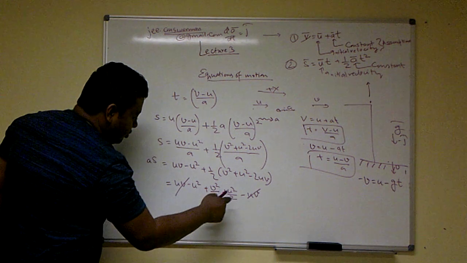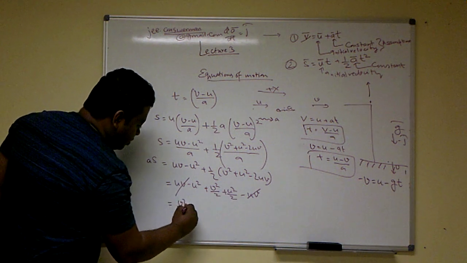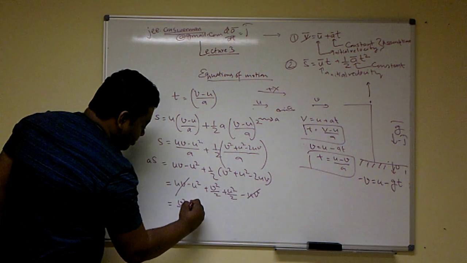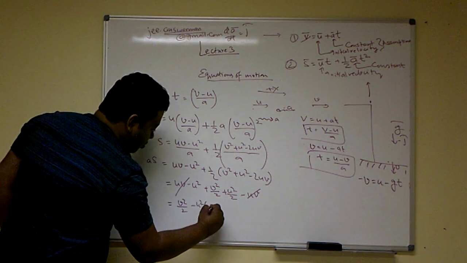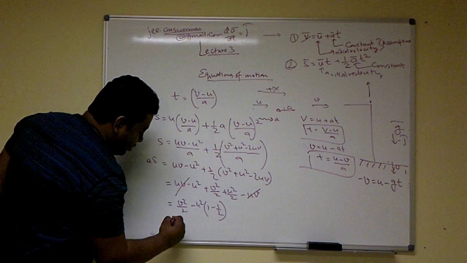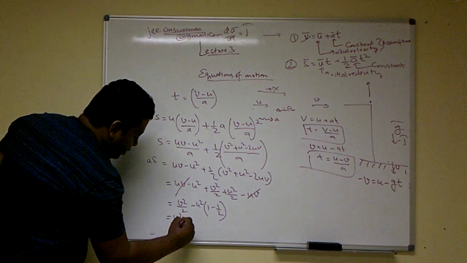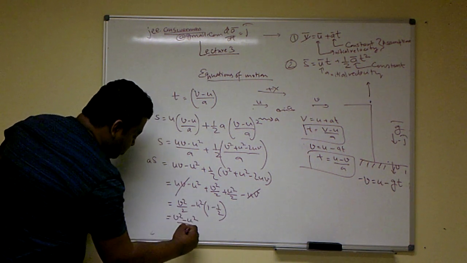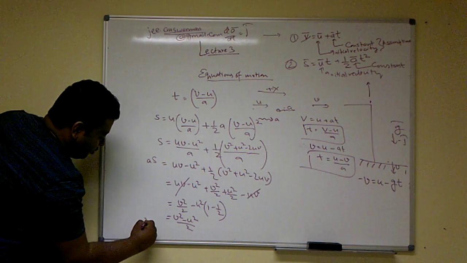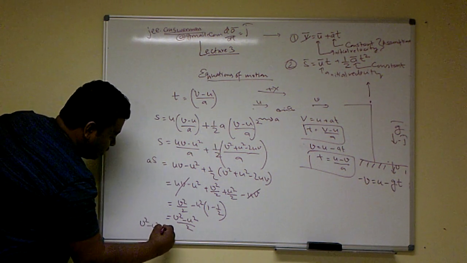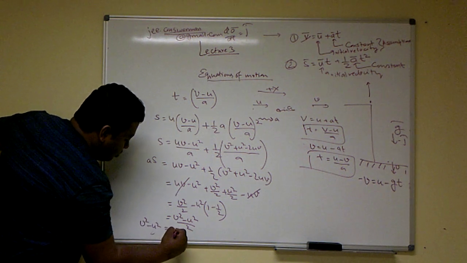This u squared, so v squared by 2 minus u squared times 1 minus half. So this will come out to be (v squared minus u squared) by 2, and it will literally come out to be v squared minus u squared equal to 2as.